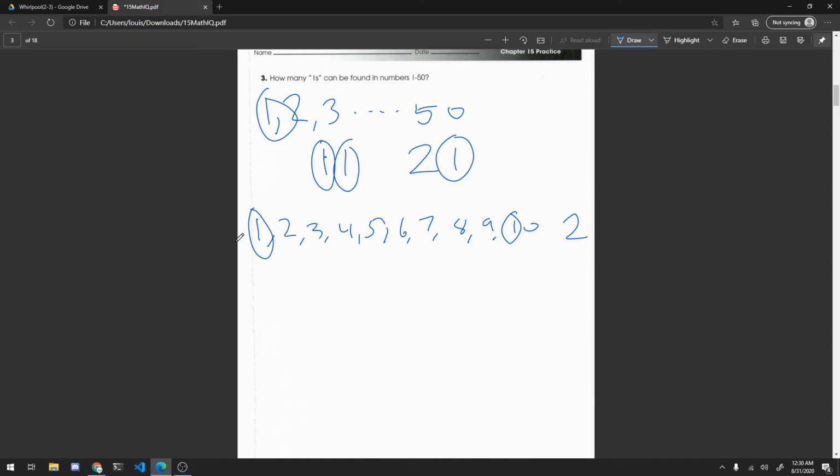Next, let's list numbers from 11 to 20. Now, if we count the ones here, we'll see 1, 2, 3, 4, 5, 6, 7, 8, 9, 10 ones. Next, let's go from 21 to 30.